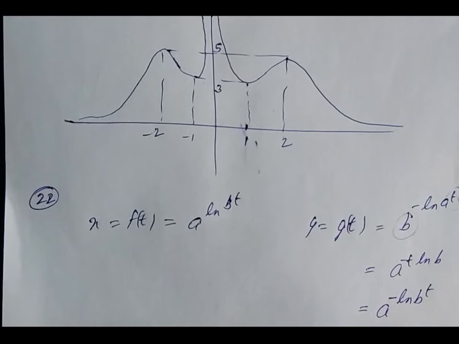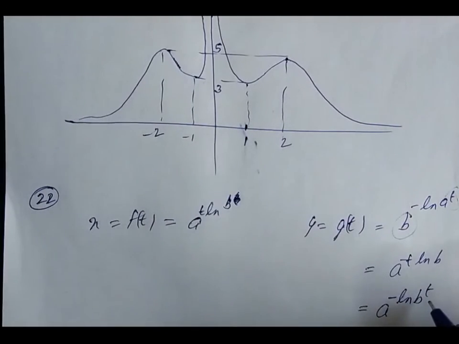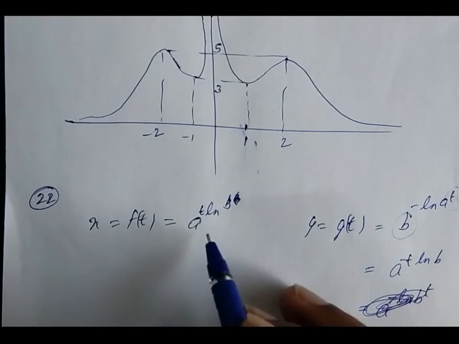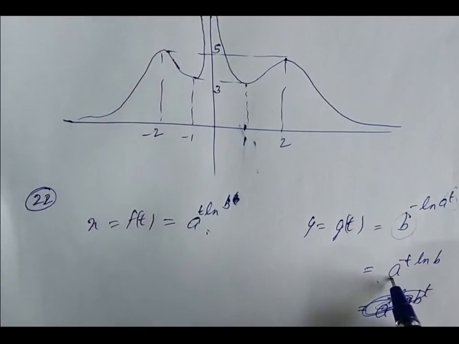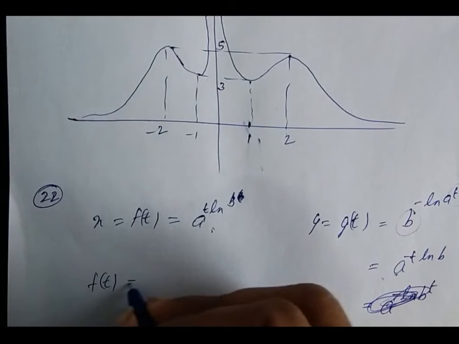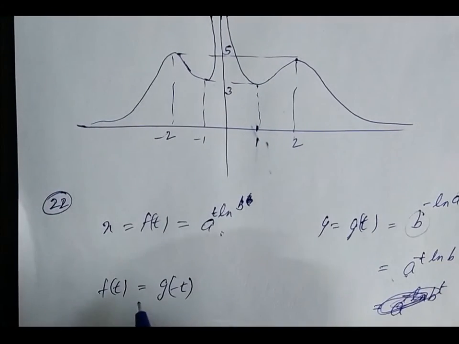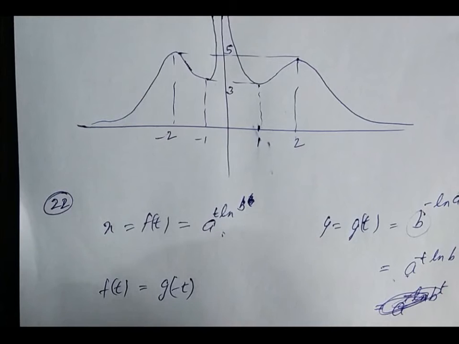Okay, sorry, this is t, this will become t, and so compare this and this, we get ft equal to g of minus t, and in question number 22 we need to calculate for when ft is equal to gt.